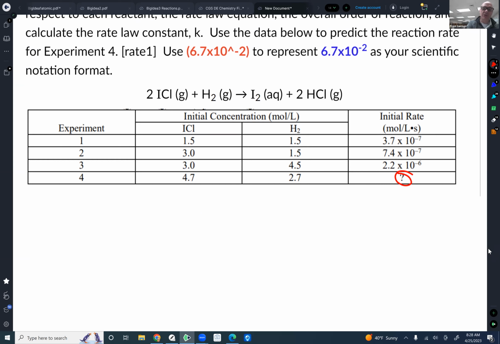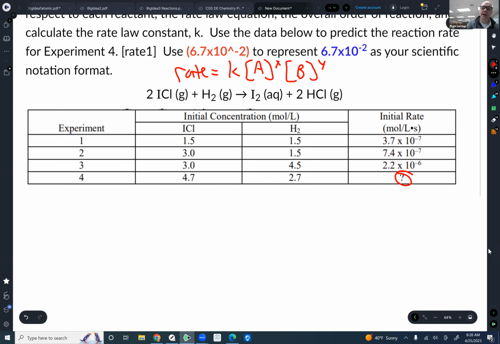The rate law essentially has this formula of A to the x, B to the y. In this case, this is my A, this is my B. So we need to find where the reaction does not change concentration for one of the A or the B. We'll start with A, and we'll look for a place where B does not change.